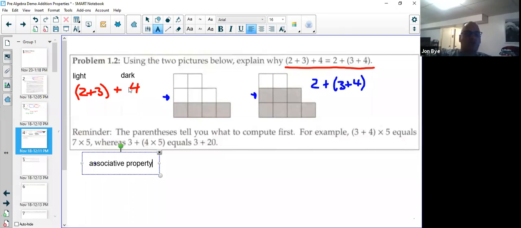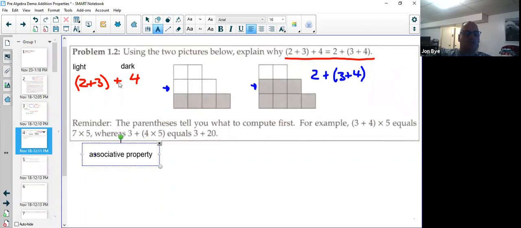So you can reassociate. You can just move the brackets and it's still the same, 9 on both sides, whether you add the 2 and the 3 first, or the 3 and the 4 first.